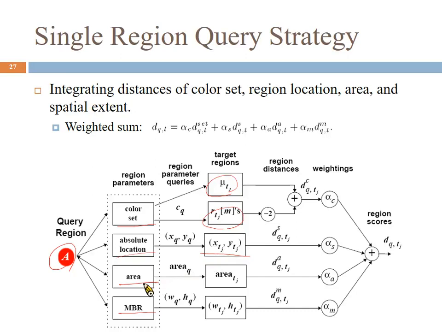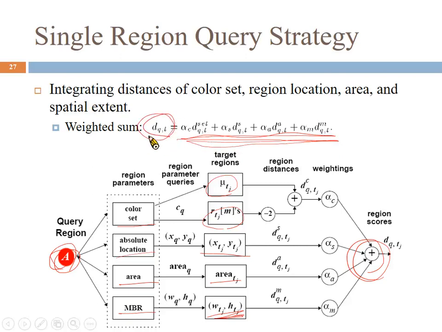Also the area distance and the aspect ratio distance, and then we do a linear combination. We finally get the integrated distance between the query region and a target region in the database. So we simply linearly combine all these different types of distance to get the final integrated distance.